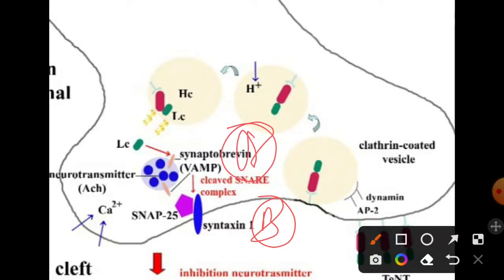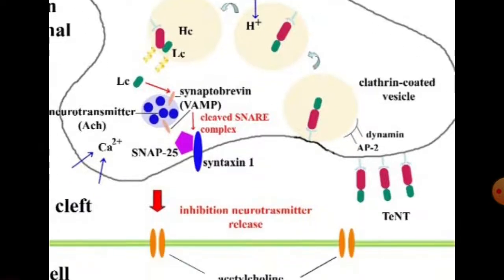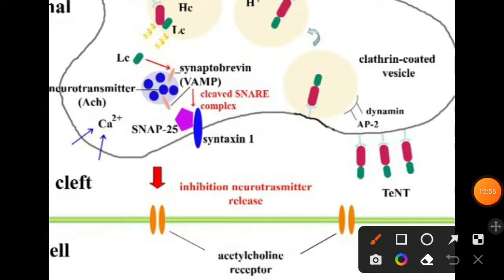This A subunit will cleave the SNARE protein, and as a result the SNARE protein can no longer pull the vesicle containing neurotransmitters, and the inhibitory signal of the neuron cannot be transferred to the muscles, and as a result muscle contraction cannot be stopped, which facilitates muscle rigidity and spasm, and this is the process which we know as spastic paralysis, okay.